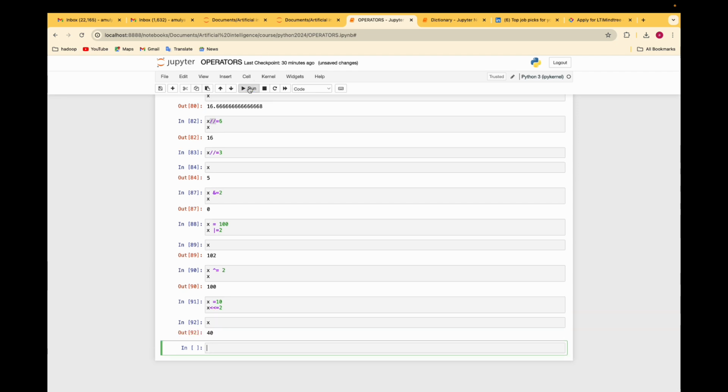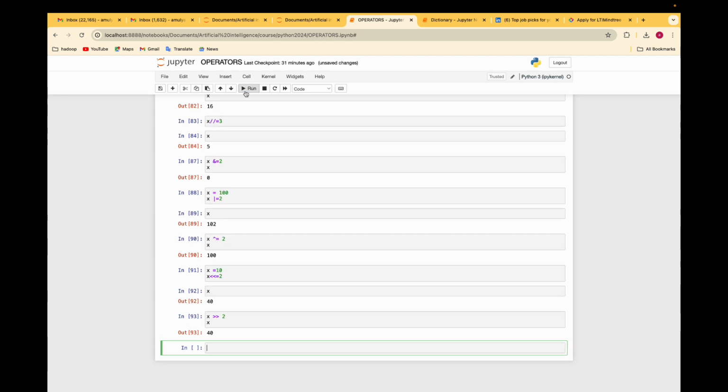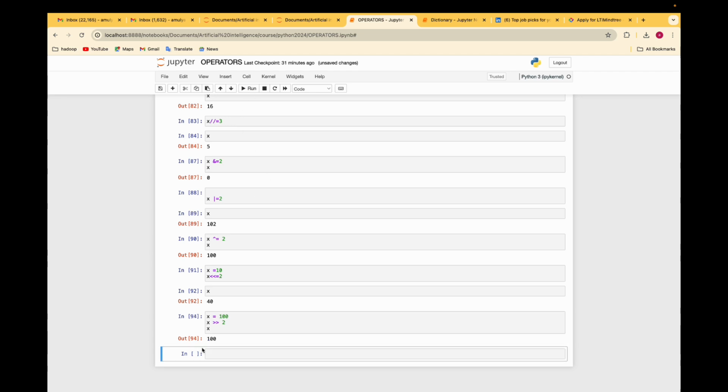It's 40. How about x right shift 2? So the bitwise right shift operation returns the value 40 again. Okay, because that's 40. It's 100, I'm sorry. So when you do the right shift of 2, it's 100. Right shift equals to, my bad, it's 25.